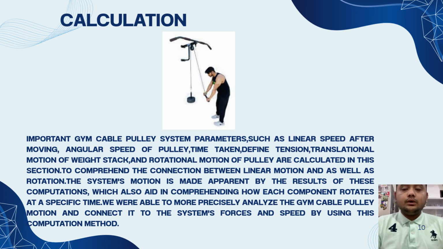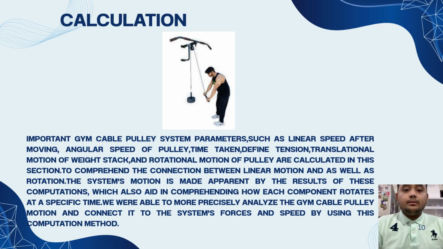So today I want to talk about the calculation for the gym cable pulley, the case study we are doing. Important gym cable pulley system parameters such as linear speed after moving, angular speed of the pulley, time taken, tension, translational motion of the weight stack, and lastly rotational motion of the pulley are calculated in this section.